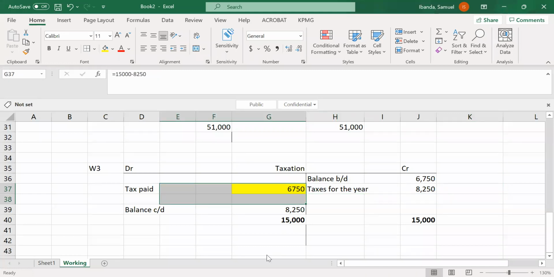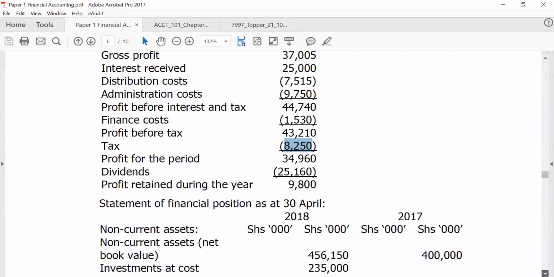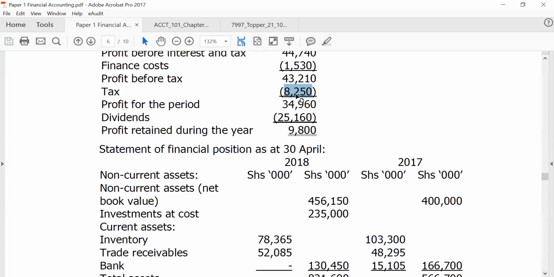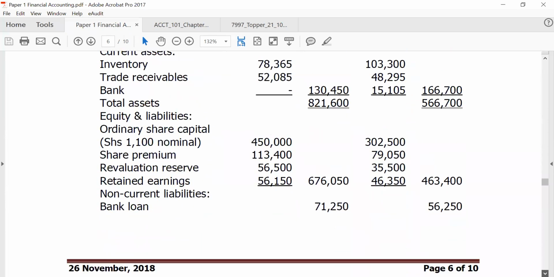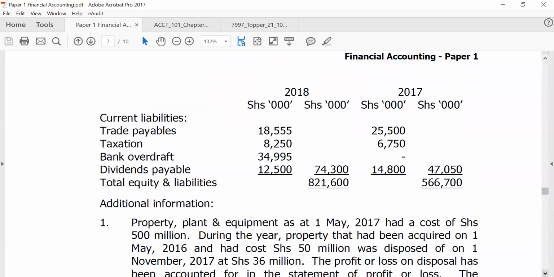Now, I just want to draw your attention that another student would have been able to see this clearly, because if the obligation for this year is 8,250, and when they come here to our balance sheet, they started with 6,750, but their current obligation is 8,250, it means that the only obligation they have is the obligation of this year. So the obligation of last year was cleared off.